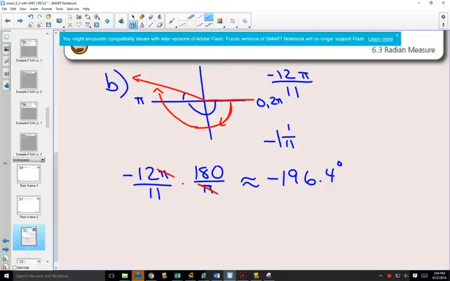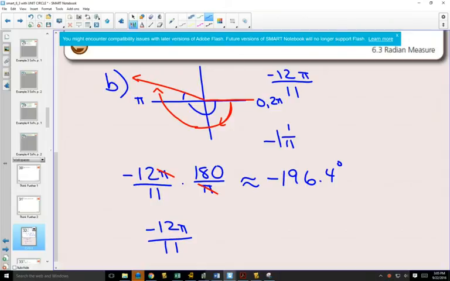And then in part C, given theta is 7.5 radians, change that to degrees. Oh, I want to point out one thing before we go to C. A shortcut that some people use for changing radians to degrees. So far, we're multiplying by 180 over pi. A shortcut is whenever you have pi in the radians, when you multiply by 180 divide by pi, can you see that the pi's are going to cancel out?